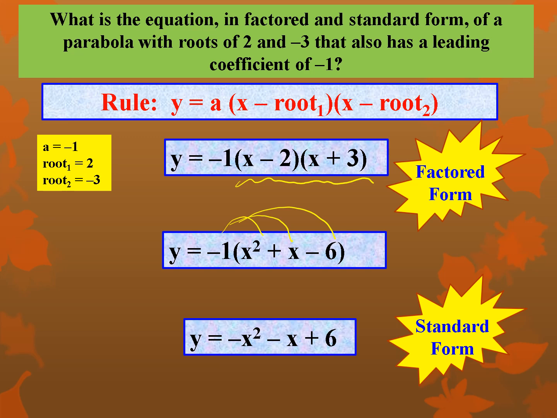And that's standard form. Now you may be wondering, can I write it as -1x squared minus 1x? And the answer is yes. It's an understood 1, so it's a matter of personal preference whether you want to write the 1 or you just want to leave it as an understood 1. But here you see factored form and then changing factored form to standard form.